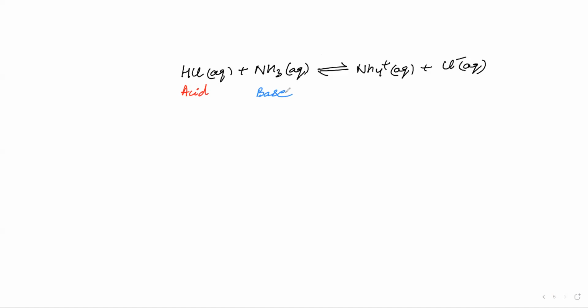The counterpart of the base would be the conjugate acid, so this will act as a conjugate acid. And Cl negative will act as a conjugate base. I hope this is clear.